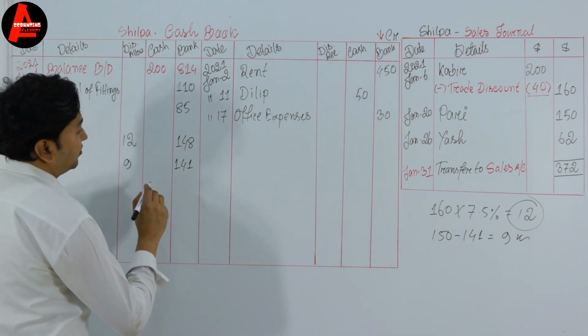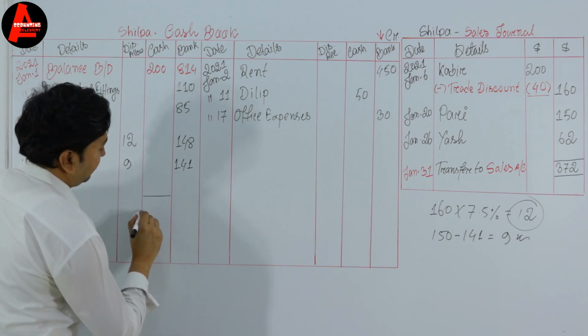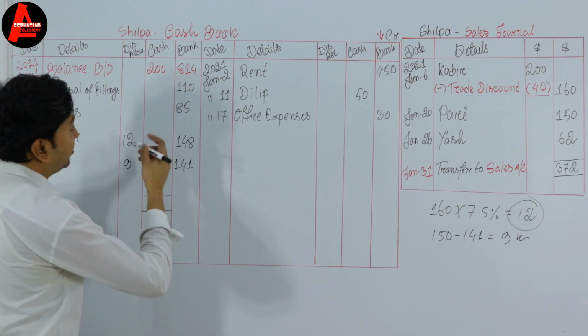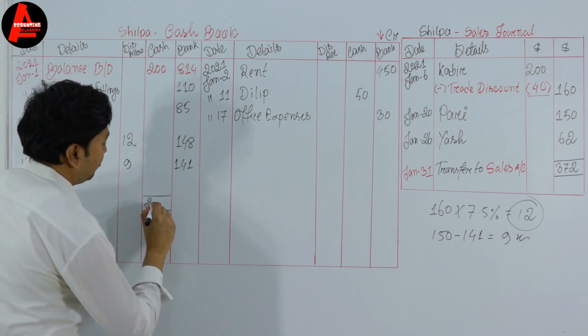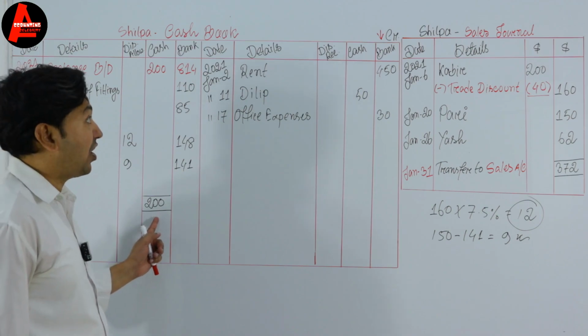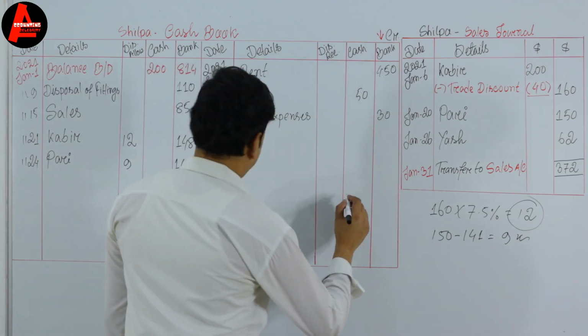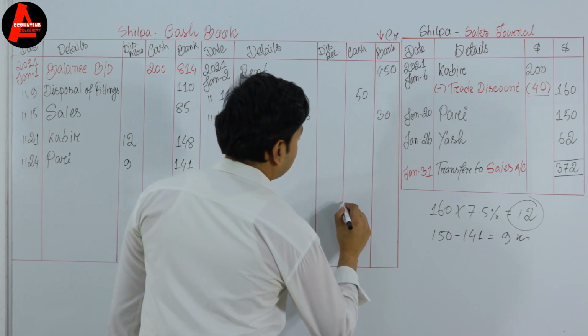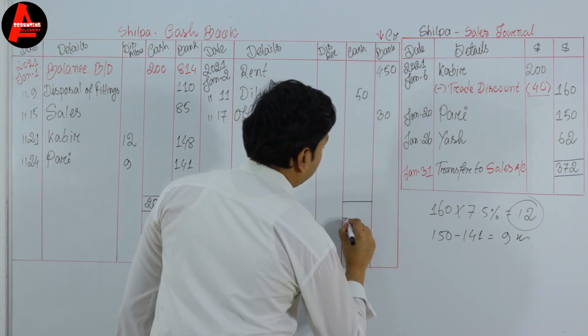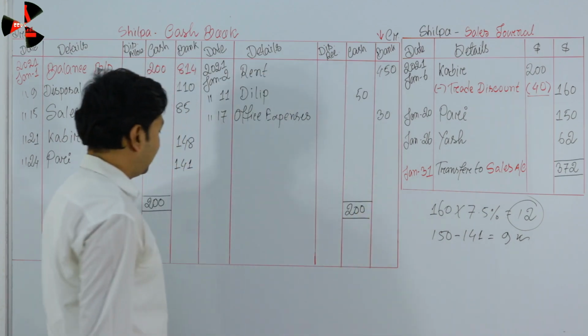So we will sum up the debit cash column first. Here we get only one amount, it is $200. So we will take this cash to the opposite side, here in the credit cash column, and write the same total $200.